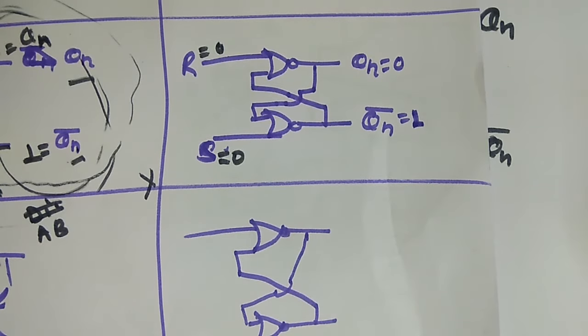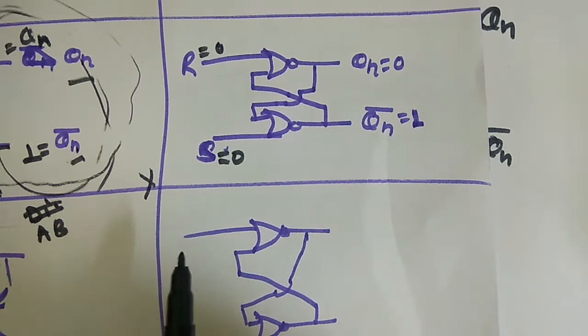Now if we remove the inputs, that bit should be stored. That means the bit should be the same. So let us see whether the bit is the same or not.